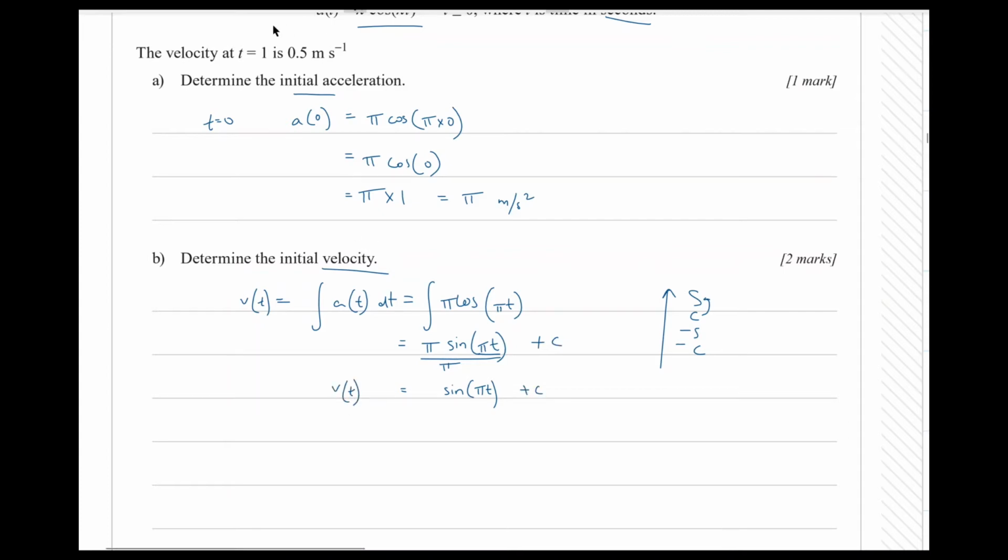Now we're also told in the question that at t equals 1, the velocity is 0.5. So we can sub that in to get the value of c. So 0.5 equals sine pi times 1 plus c. So 0.5 equals sine pi, which is 0, plus c. So c is 0.5.